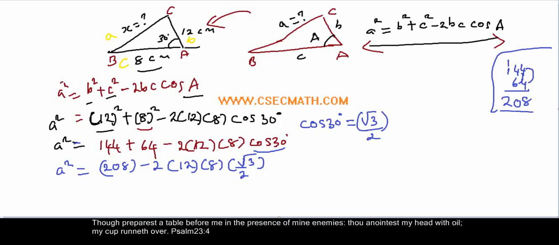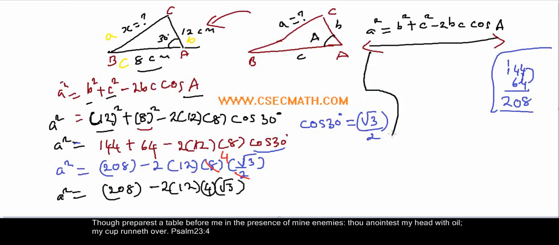Now clearly 2 divides 8 four times, so now we have A squared equal to 208 minus 2 multiplied with 12 multiplied with 4, which in turn is multiplied with root 3. This can be simplified as follows: A squared equals 208 minus 2 multiplied with 12, which is 24, multiplied with 4 times root 3.